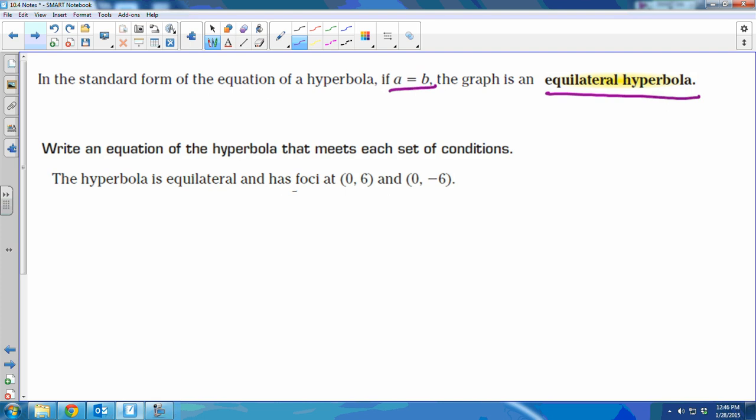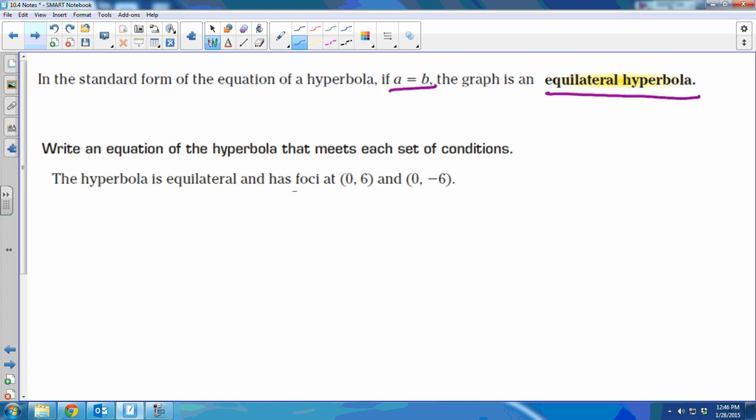So an equilateral hyperbola just means that A equals B. Yeah, last night, if you had one, you would have had the same denominator, but you wouldn't have had to know the vocabulary word for it.